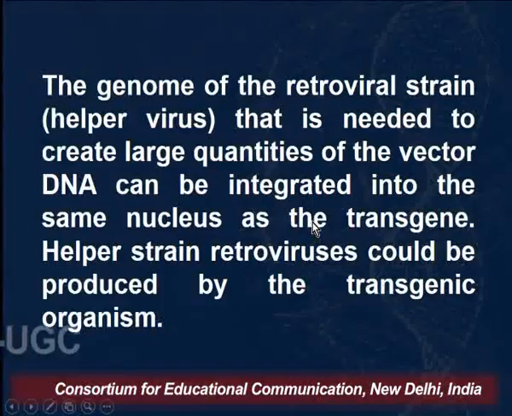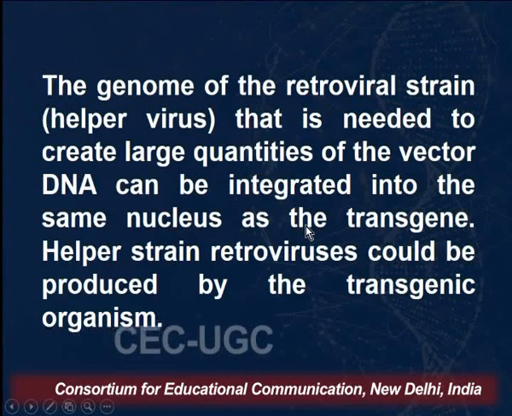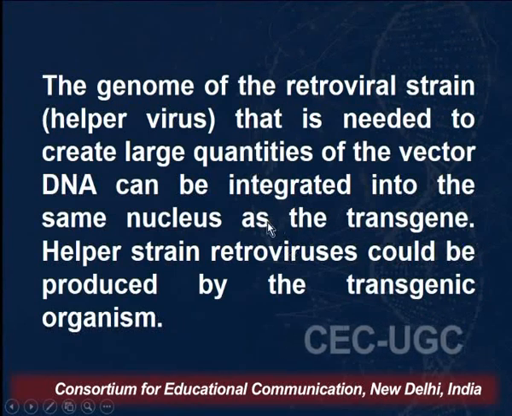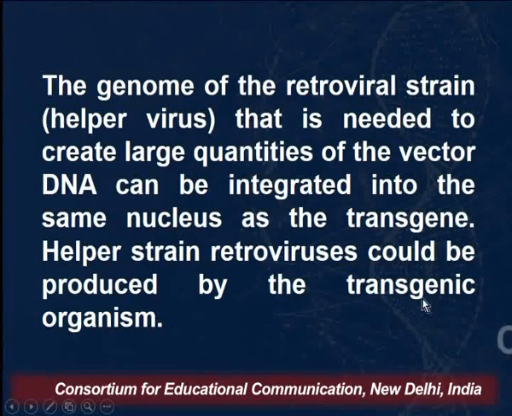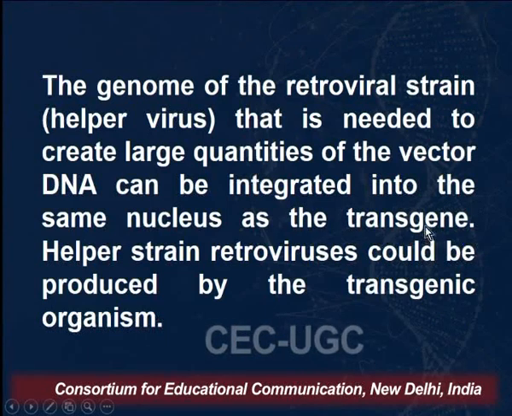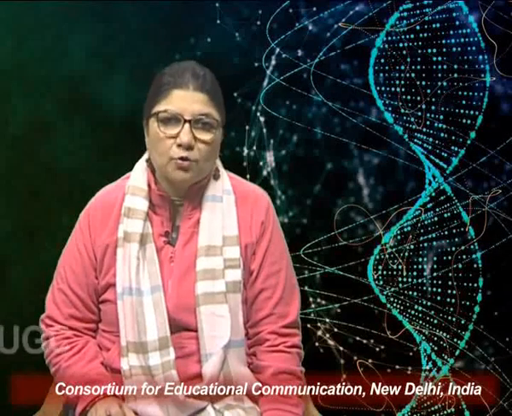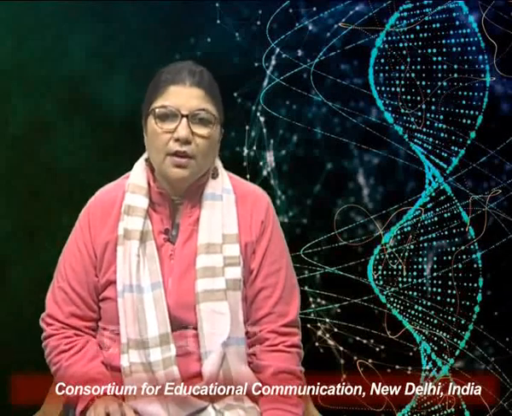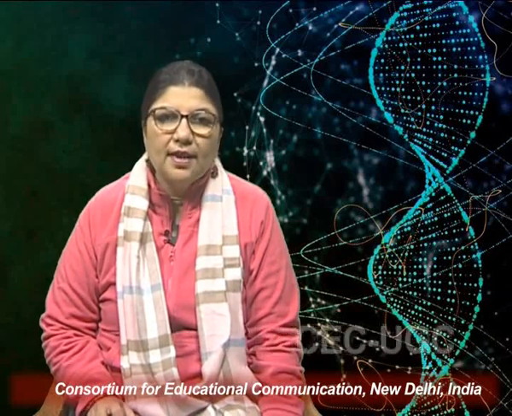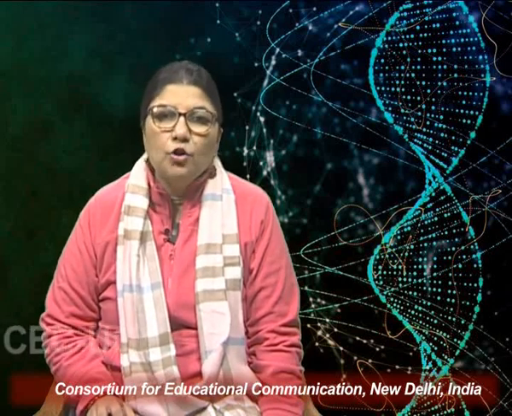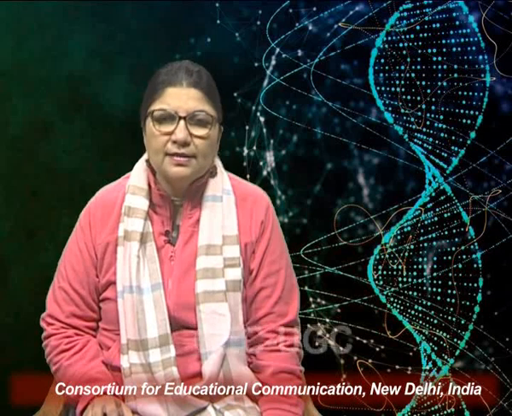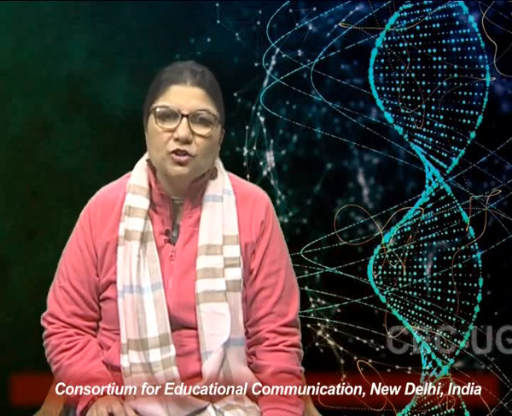The genome of the retroviral strain or the helper virus that is needed to create large quantities of the vector DNA can be integrated into the same nucleus as the transgene. So this is again one thing. When you are using the retroviral strain, the helper virus, if you are infecting an organism, we want only the transgenic genome to be introduced into the animal cells, but in some cases the helper virus genome can also be introduced into the same nucleus.